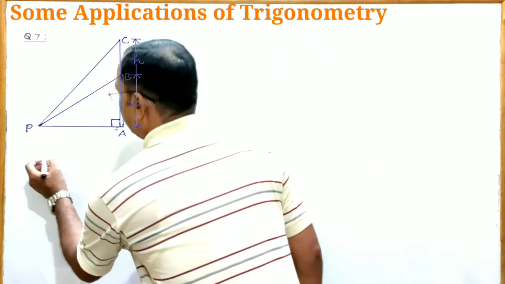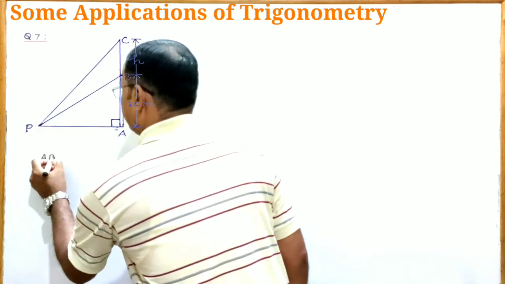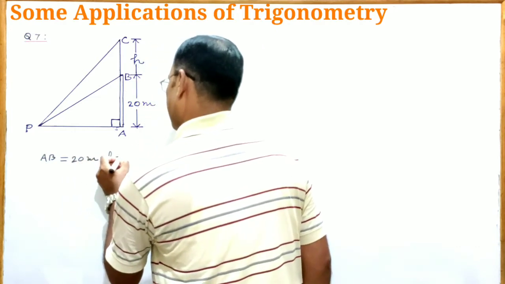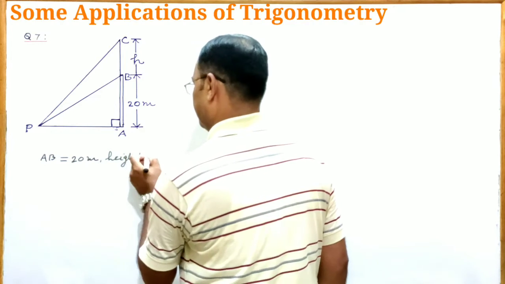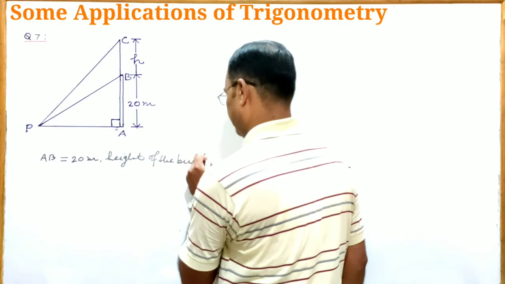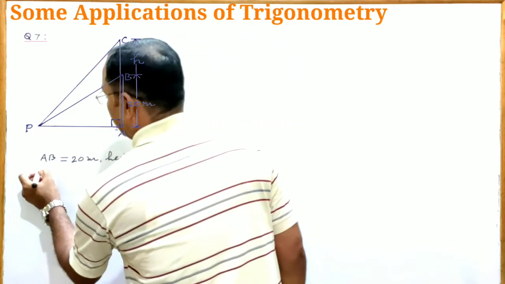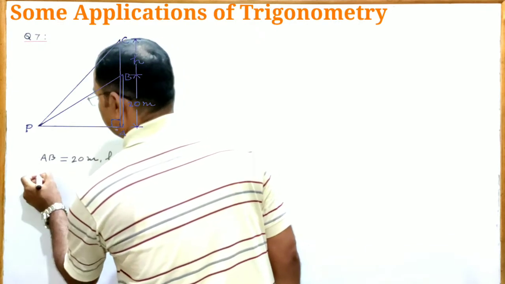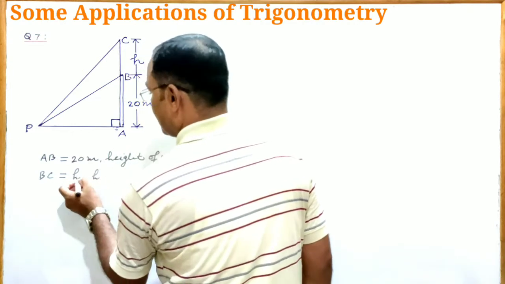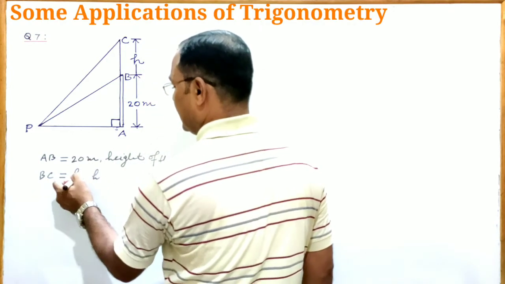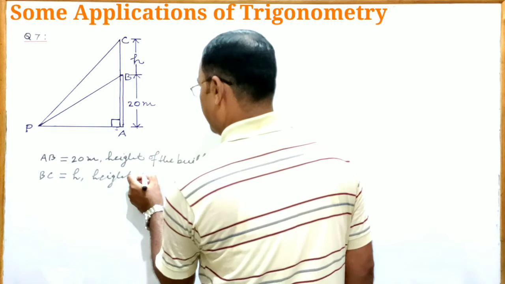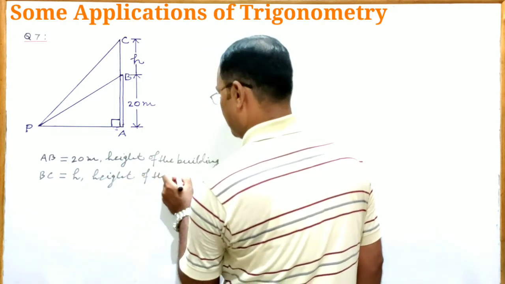So here in this given figure, AB is 20 meter height of the building. BC equal to H. Let's suppose height of the transmission tower, which is BC, is H, and this denotes height of the transmission tower.